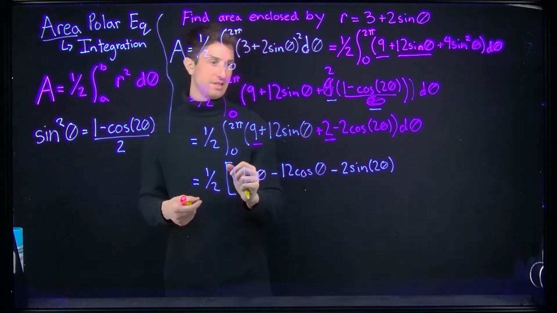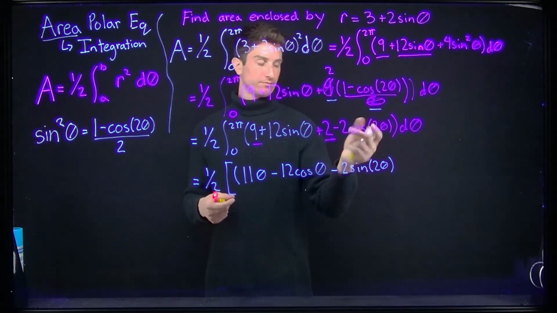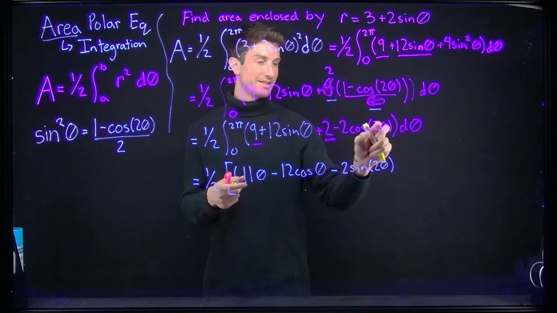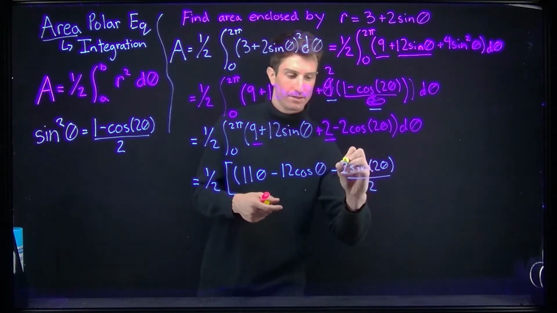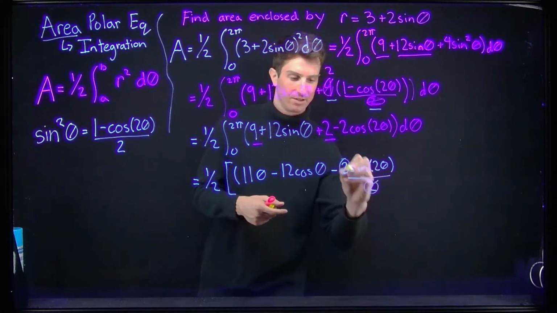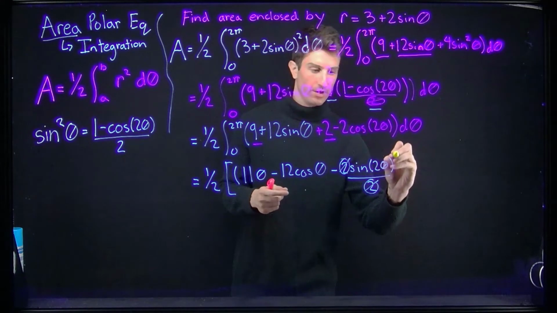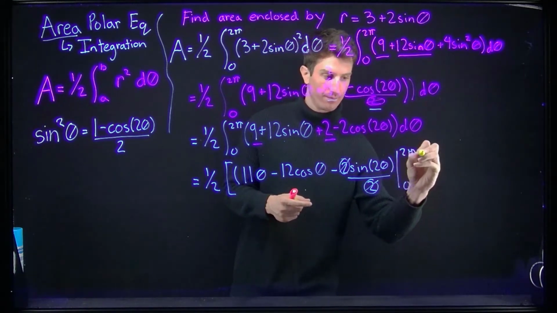So this ends up being a reverse chain rule here. And so instead of thinking about a chain rule, where we would multiply by the inside, now we're going to divide by the inside. All right, so these will cancel each other out. And we need to go from 2 pi to 0.